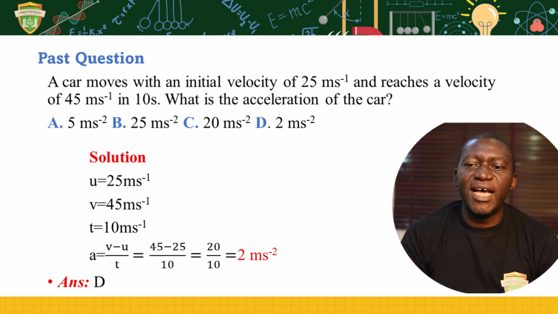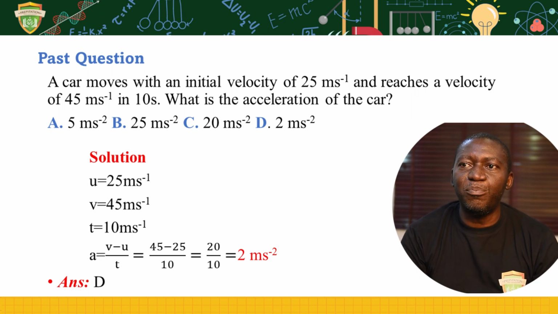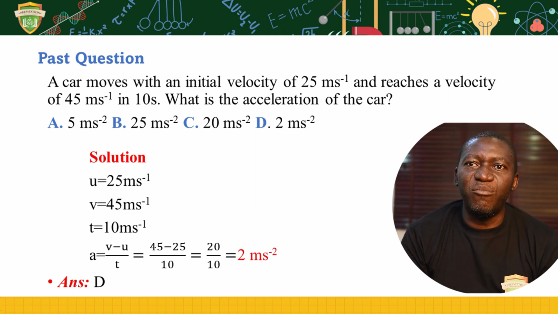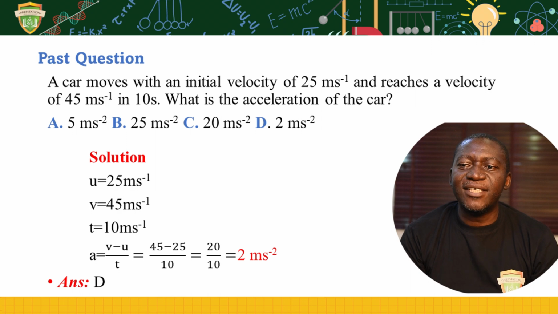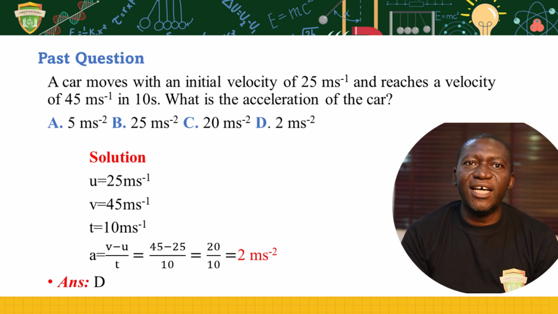Now, if we consider the first equation of motion, which says that v is equals to u plus at, v there is the final velocity, which is given as 45 meters per second, while u is given as 25 meters per second, which is the initial velocity. Now, if you do simple substitution with the first equation of motion, you can see that acceleration, which is a, is given as v minus u all over t.